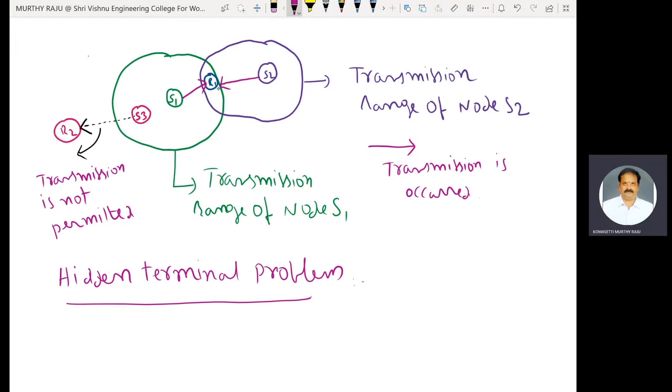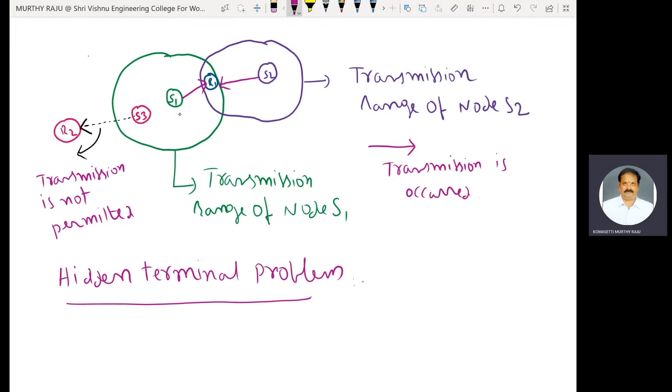Here R1 is there. R1 is within the transmission range of both S1 and S2. But S1 and S2 don't know the presence of each other.